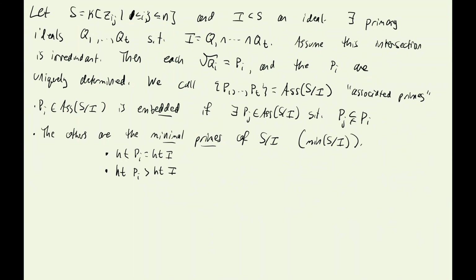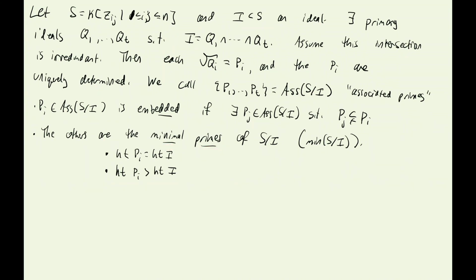As a reminder, we defined the height of a prime to be the number of containments in a longest saturated chain from 0 up to the prime. And we defined the height of an arbitrary ideal to be the smallest among the heights of any of its associated primes. So certainly the smallest height is going to come from one of the minimal primes.